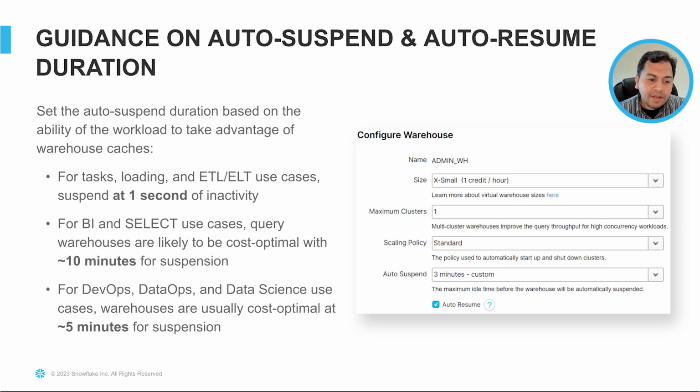And of course, there are sweet spots in between. So, for example, we know of lots of data science and data ops use cases where the ability to benefit from caching is somewhere in between these two extremes. And for those use cases, we recommend 3 to 5 minutes, typically 5 minutes, in terms of what you can go set.